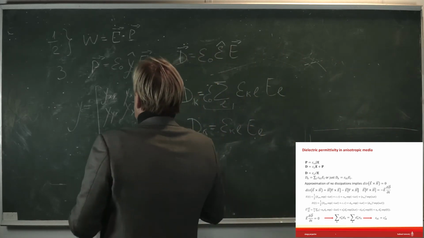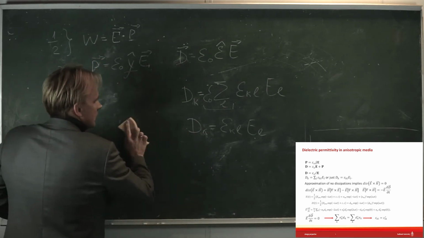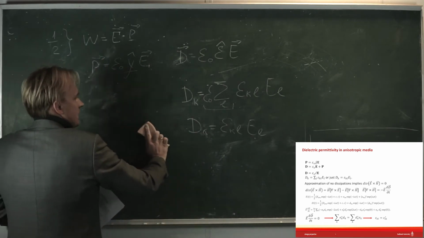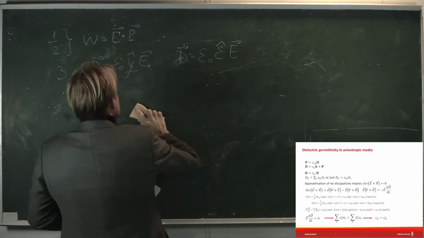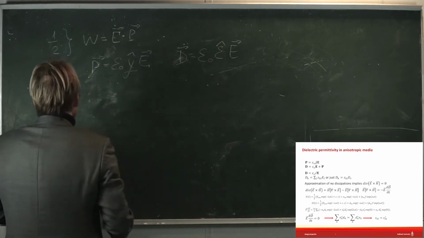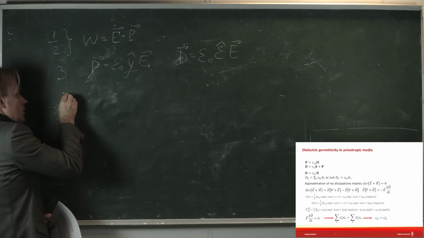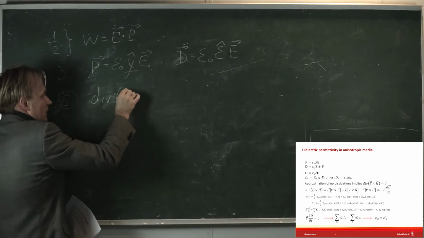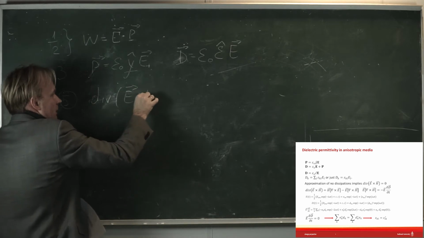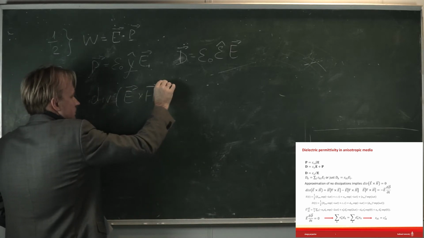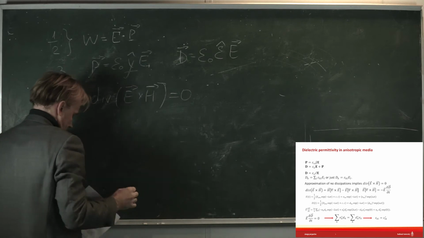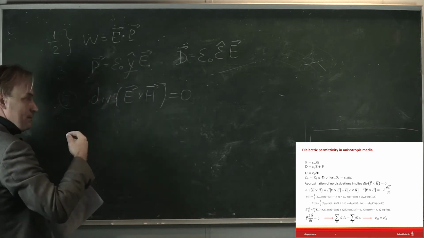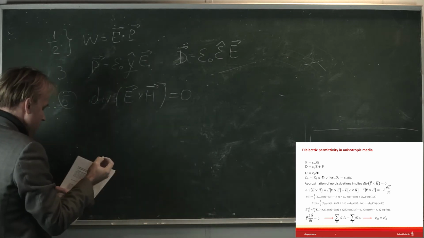Now, if you take this situation and try to apply approximation of no dissipations, like we did before, assuming the divergence of the Poynting vector is 0, we do steps as we did before.